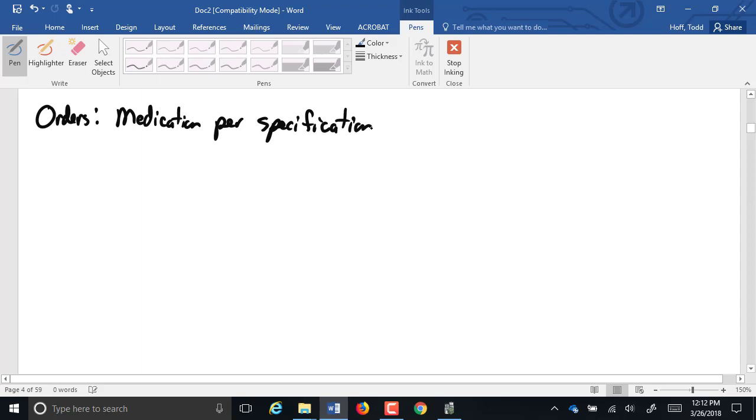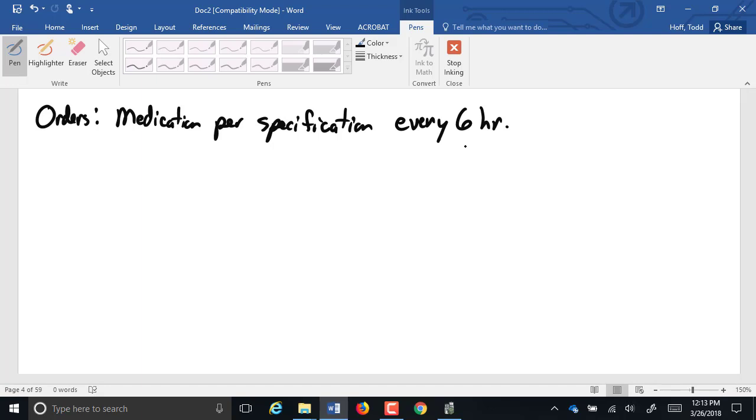Per specifications is basically read the label and give them the amount they're supposed to get every 6 hours. Q6D would be the way they would put that. Or Q6H, sorry, every 6 hours would be the way they would put that in their abbreviations. So the doctor wants you to administer this medication every 6 hours.